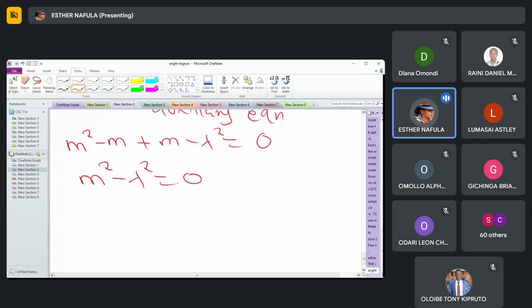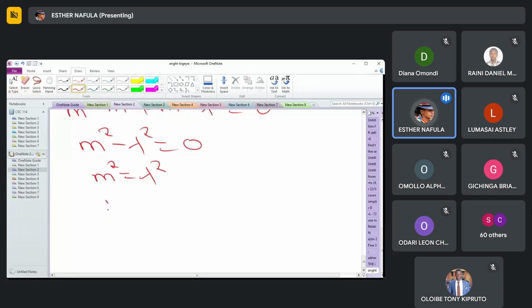Or simply m squared equals lambda squared. And from here, our two roots are, m is plus or minus lambda. So you can set m1 equals positive lambda, m2 equals minus lambda. So it's a case of real distinct roots.